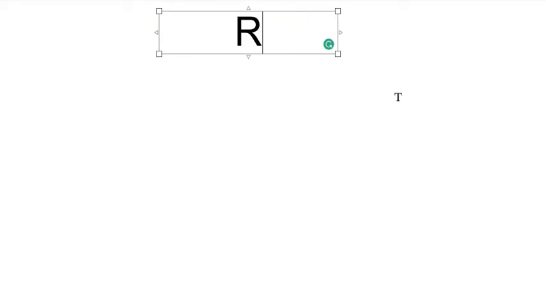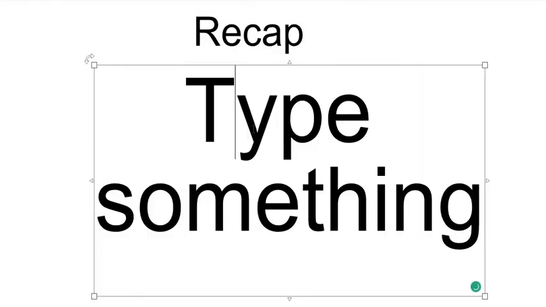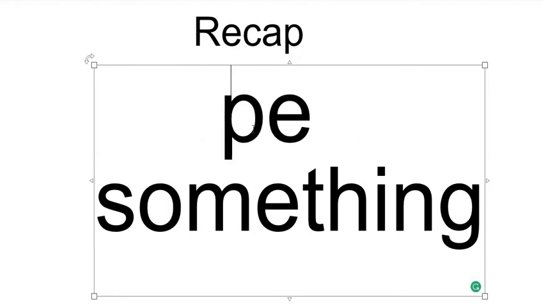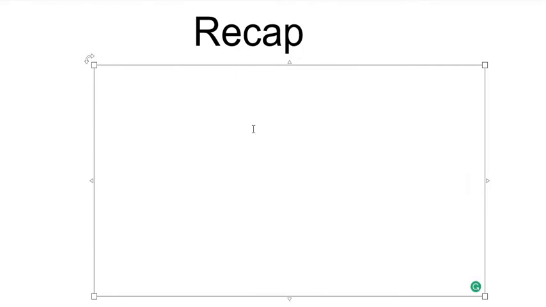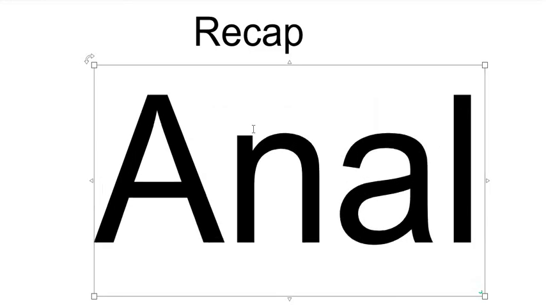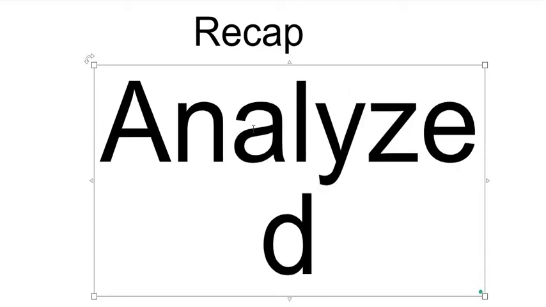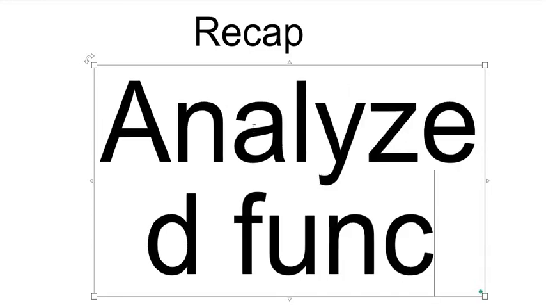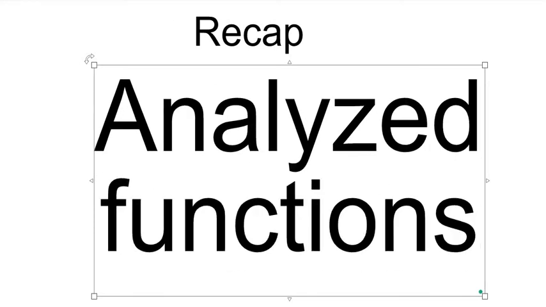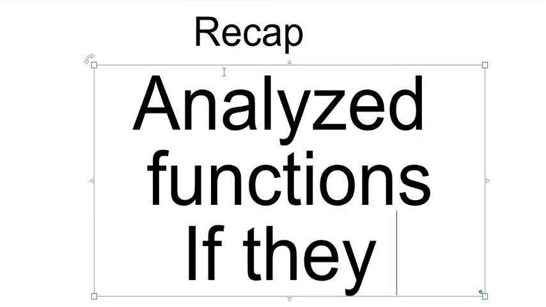So just to recap on what we've done, we've analyzed functions and checked if they're continuous or not. What else did we do? We checked if they were continuous.